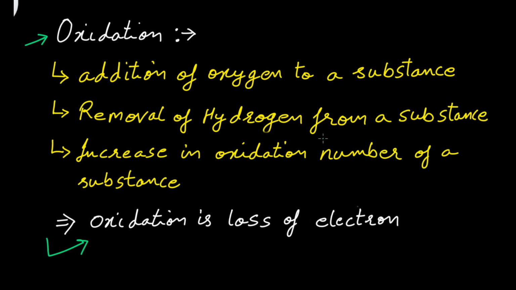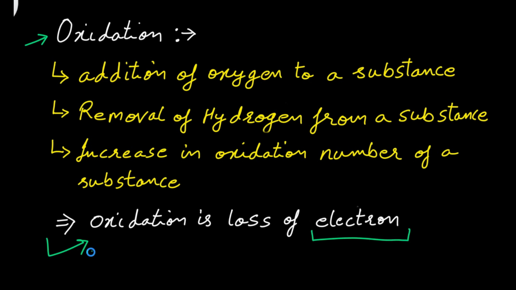In most of the reactions, you will not find oxygen and hydrogen. There are only a few reactions in which you will find oxygen and hydrogen, and on the basis of these two, you can tell whether it is oxidation or reduction. But if you look at the last definition, it is using electrons, and in every reaction you will find electrons. So this will be the most common and most useful definition.